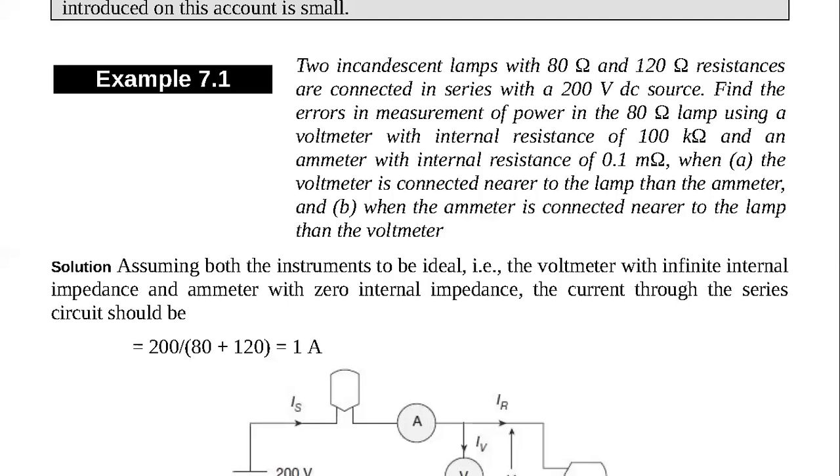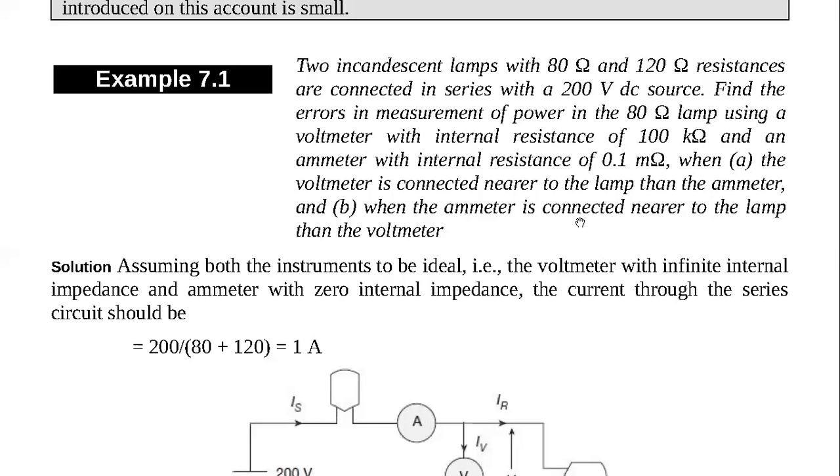We're told to find the errors in the measurement of power in the 80 ohm lamp using a voltmeter with an internal resistance of 100 kilo ohm and an ammeter that has an internal resistance of 0.1 mega ohm, when A, the voltmeter is connected nearer to the lamp than the ammeter, and B, the ammeter is connected nearer to the lamp than the voltmeter. So we have both arrangements.